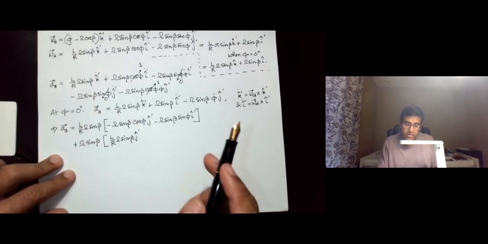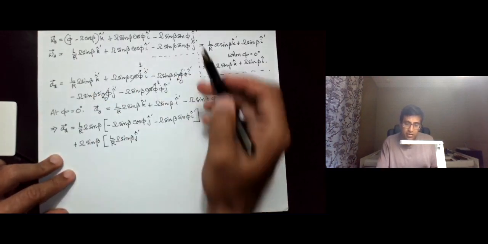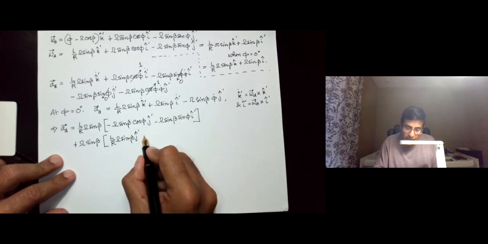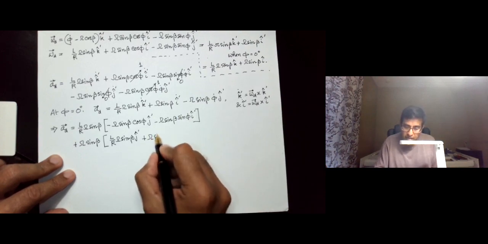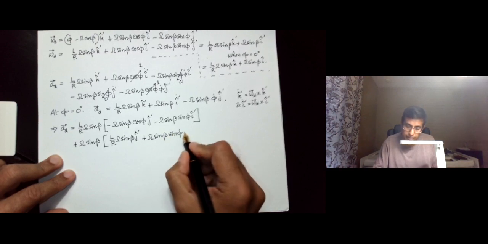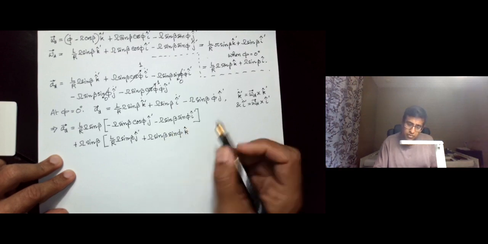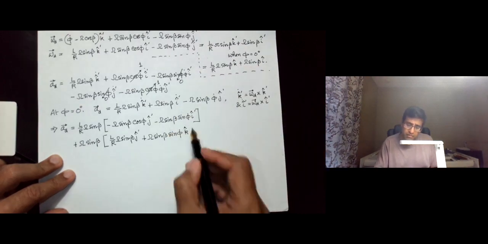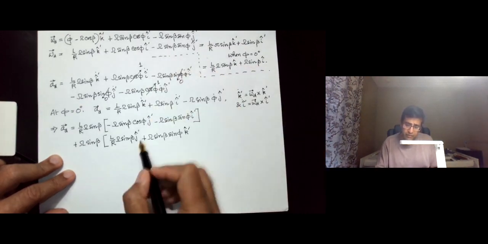Okay, i cross i prime is 0, j cross i prime is going to be minus k, so minus omega sine beta sine phi k prime. So this was j cross i, and this negative becomes a positive.